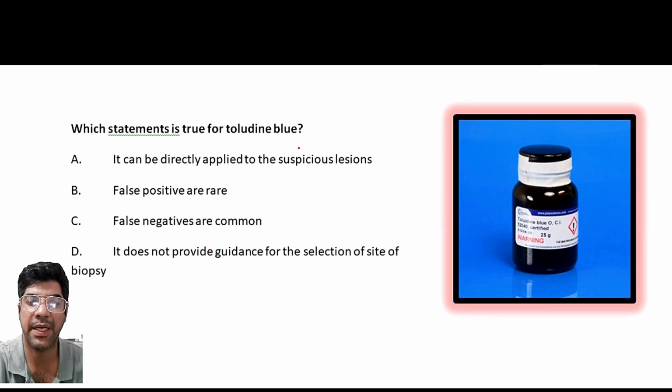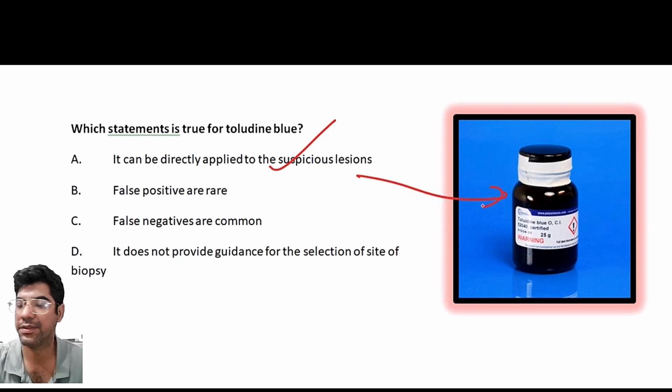Which statement is true for toluidine blue? Toluidine blue can be directly applied to suspicious lesions, and it is used as a diagnostic aid in identifying the area that may require a biopsy. So the answer is it can be directly applied to the suspicious lesions.